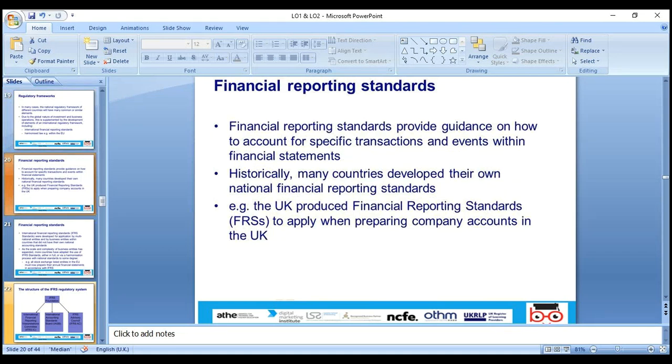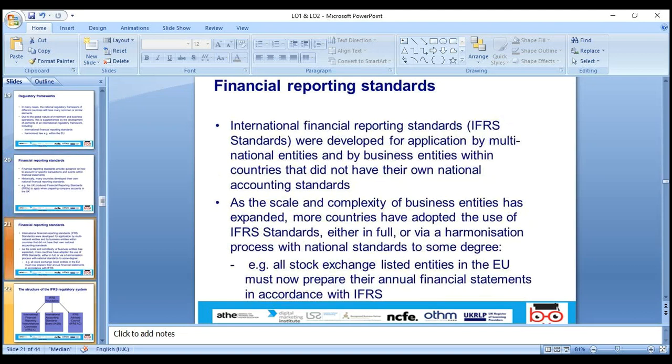We need to follow financial reporting standards. Financial reporting standards provide guidance on how to account for specific transactions and events in the financial statement. Historically, many countries developed their own national financial reporting standards. The UK produced the financial reporting standard, FRS, to apply when preparing companies' accounts. The International Financial Reporting Standard is called IFRS.